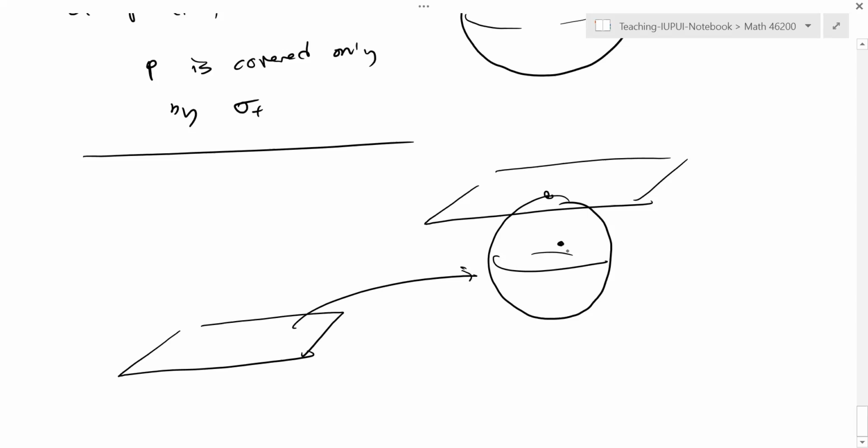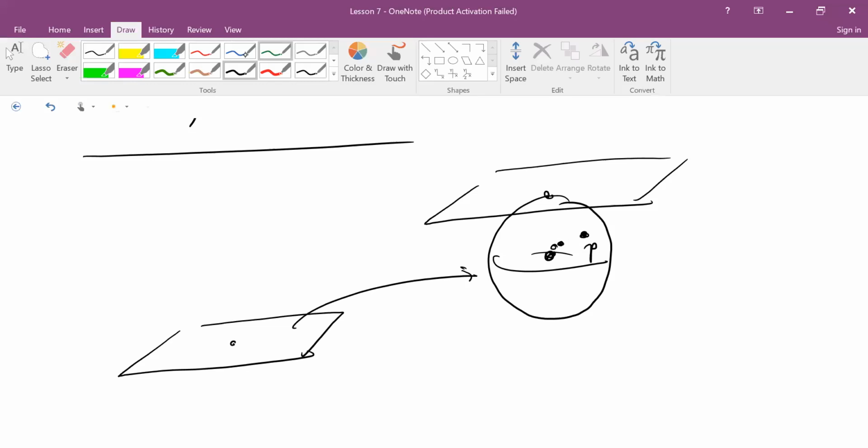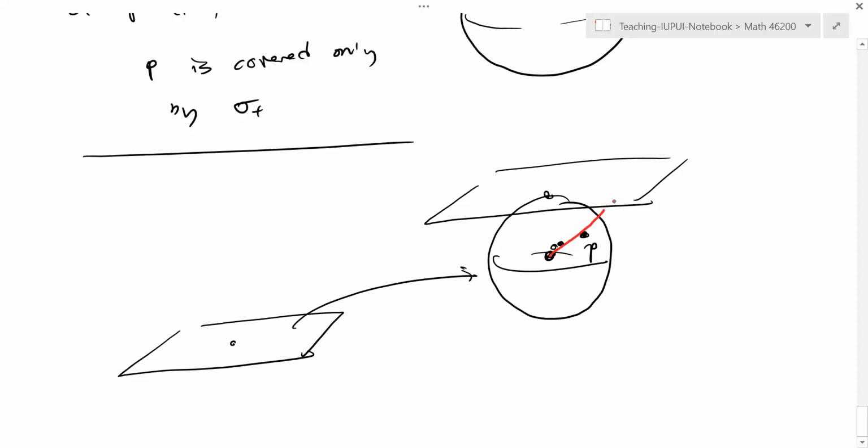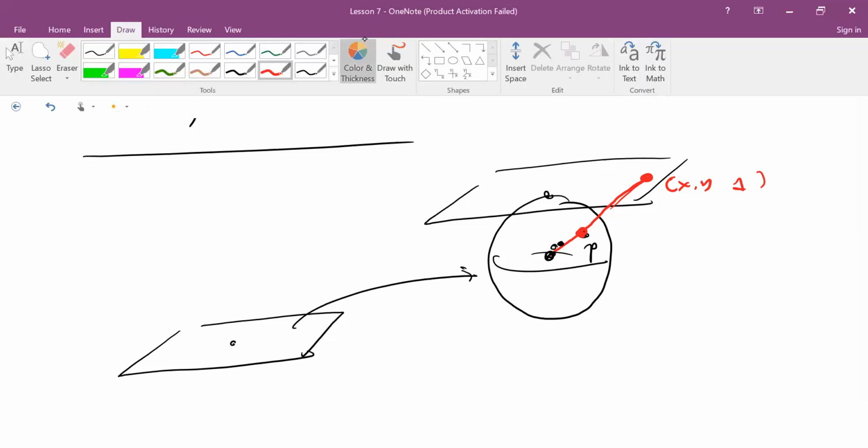Here's a point in the upper hemisphere. I want to find the map from some point here. This is the center. I draw a straight line going through the surface, and here's a point whose coordinates are x, y, and 1, because this is in the plane.